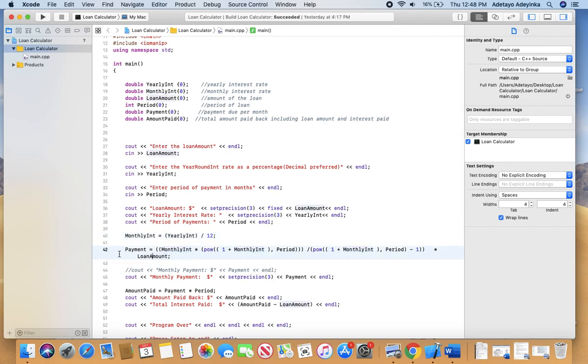The monthly interest for the formula, we used the yearly interest divided by 12 because obviously in a year there are 12 months. At the end of the day, it's going to ask for that and we needed to divide it by 12. So the payment would be the monthly interest, and you have to multiply that by the amount of period and you add 1 to the monthly interest.